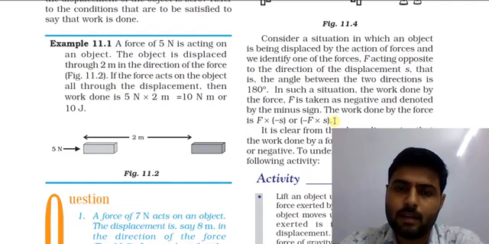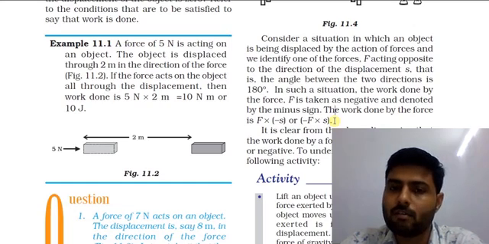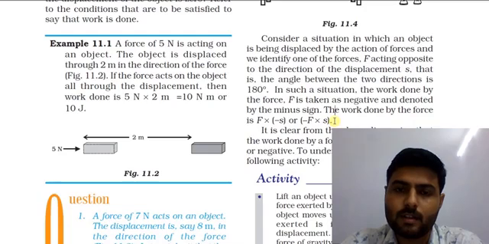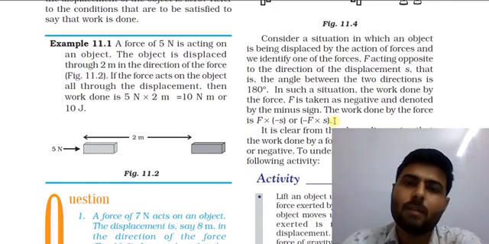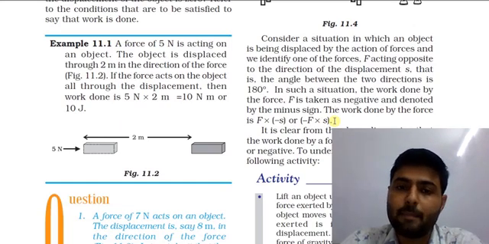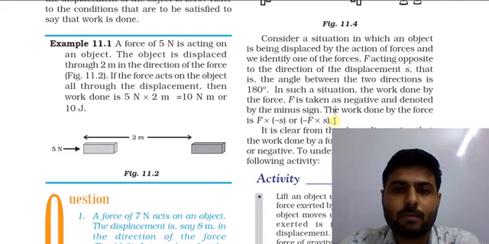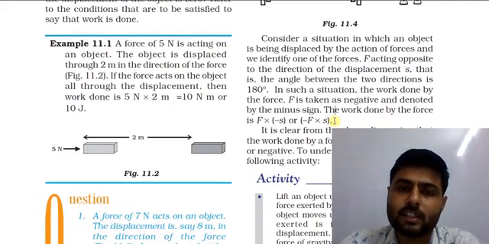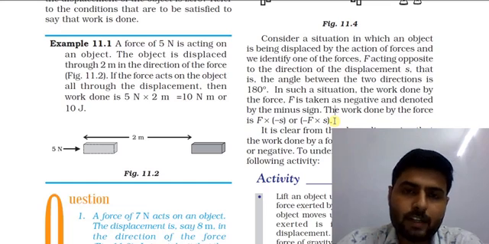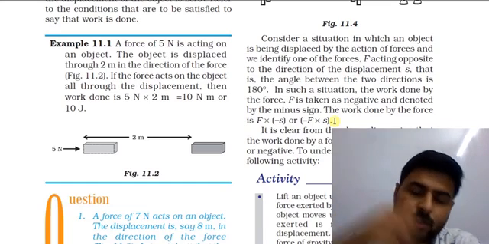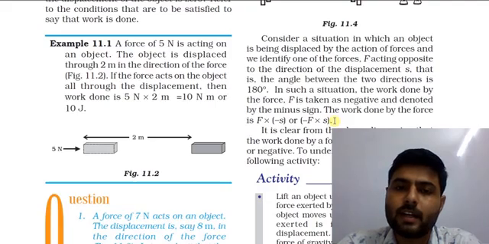We see one example in which we have one positive work and one negative work. I hope you can remember the example of the bottle. If I lift the bottle in the upward direction, the force applied by me on the bottle is in the upward direction. At that time, the displacement of the bottle is also in the upward direction. So for work by my muscular force, the work done will be positive.